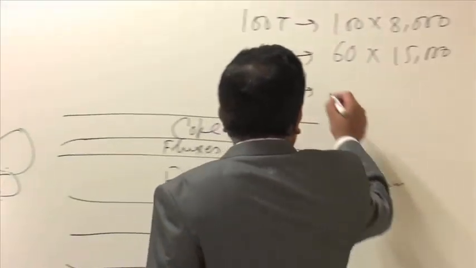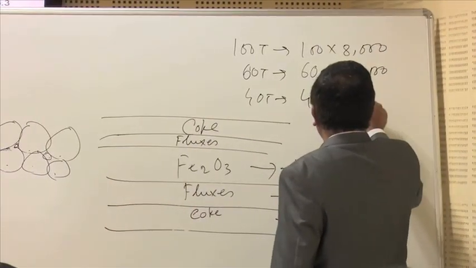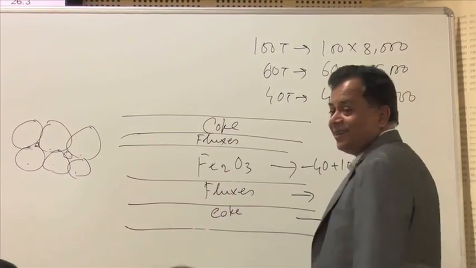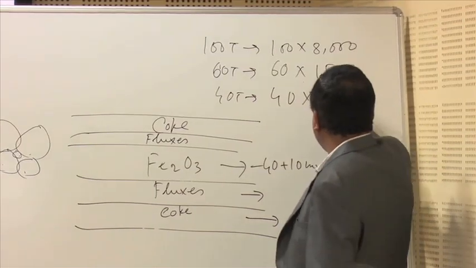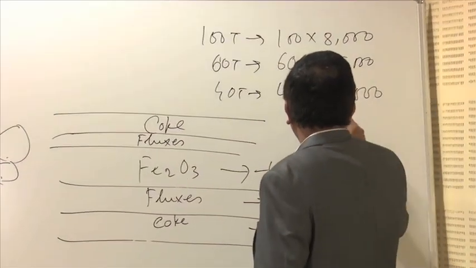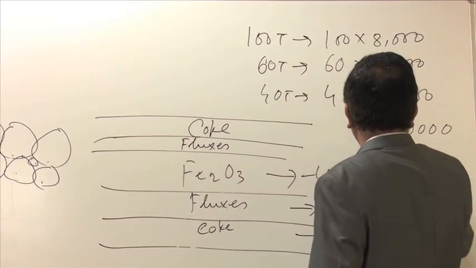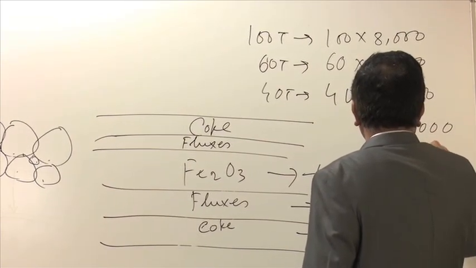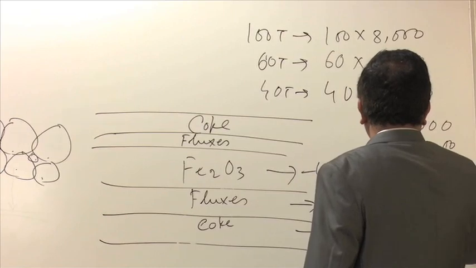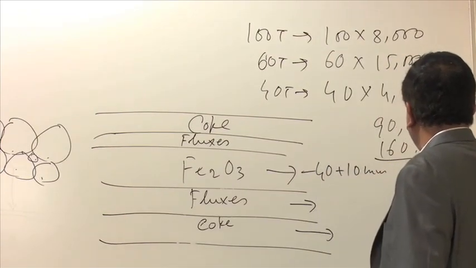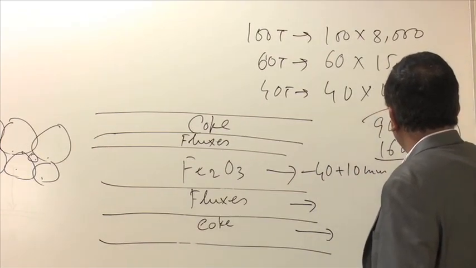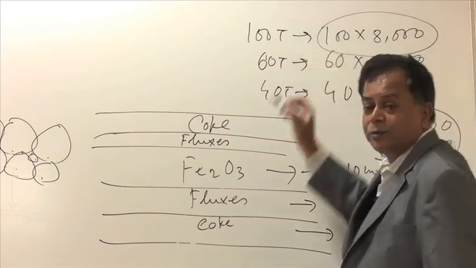So, I will have 40 and, say, this is 4,000. So, I have to add this together, and see whether this is more or this is more.